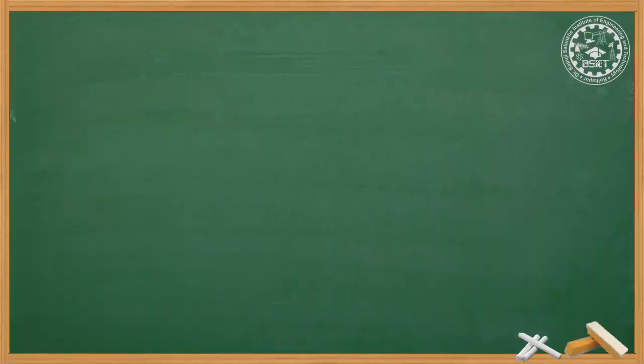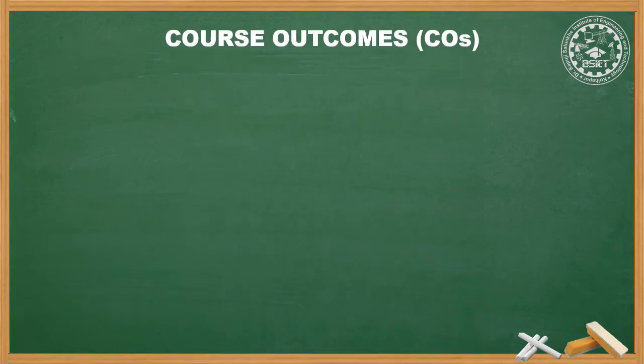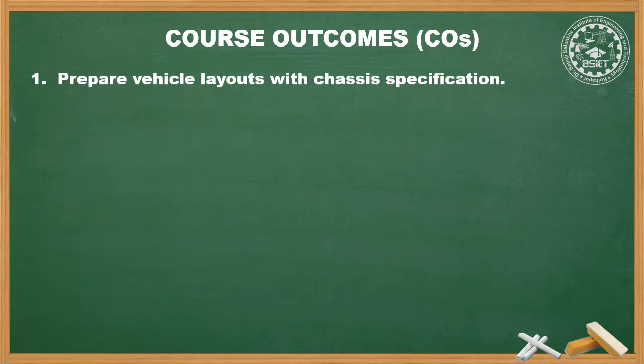Let us discuss the course outcomes for this subject that you will be learning at the end of this semester or after the completion of the syllabus of this subject. The first is prepare vehicle layouts with chassis specification.